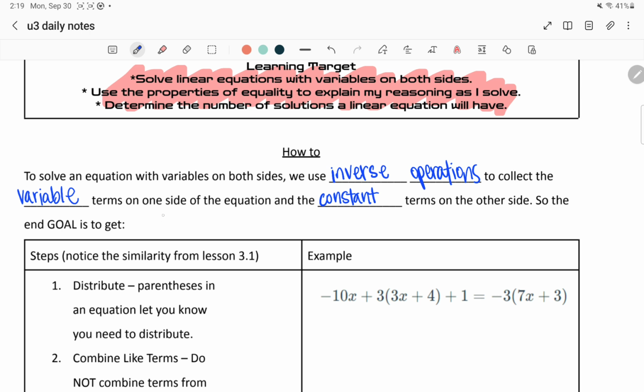So our goal is always going to be variables equals constants. Then solve. Okay? So my job is to get all the variables on one side and all the constants on the other and solve.